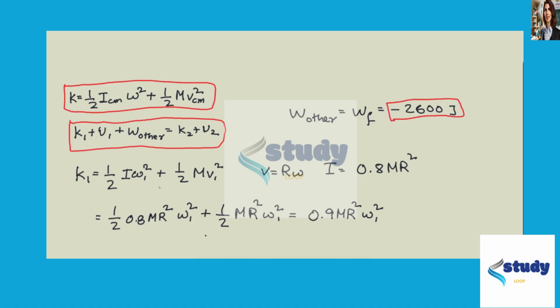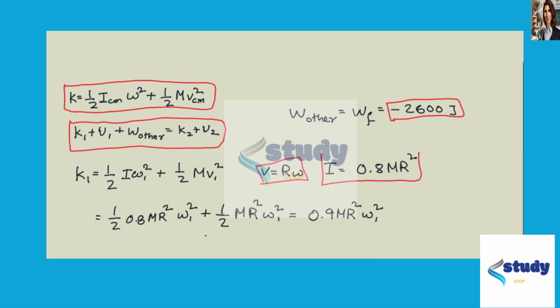Then K1 at point 1 is half I omega 1 squared plus half m v1 squared, where v1 and omega 1 are the linear velocity and angular velocity at point 1. Since the wheel is rolling without slipping, we can use the relation v equals r times omega.